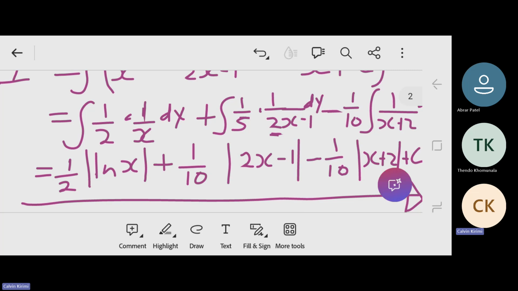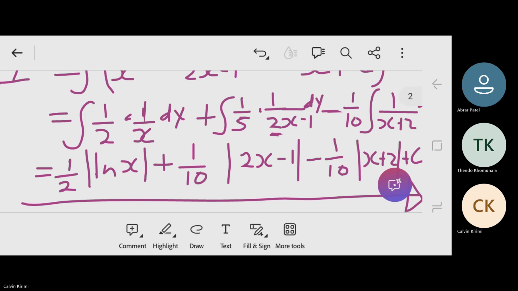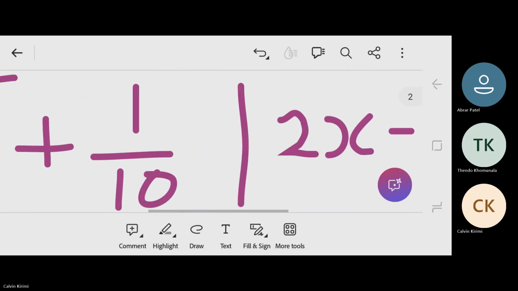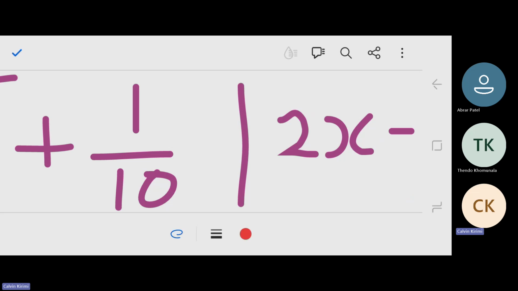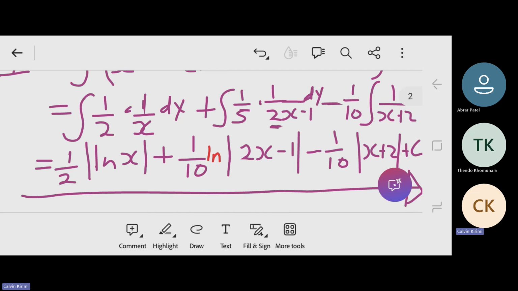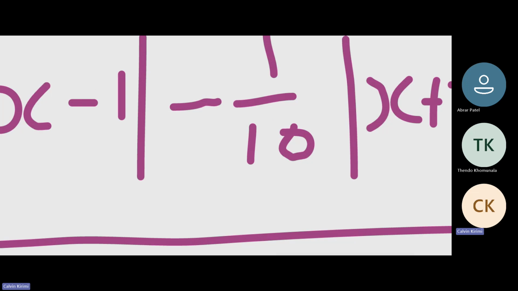So let me correct it. Here there is ln inside the bracket, which I had forgotten. Put it in red color. Ln absolute of that, minus ln, which means here there's supposed to be ln as well. Here there's supposed to be ln. Then here I forgot another ln. So let's put that ln there.